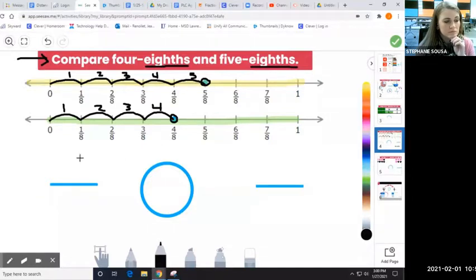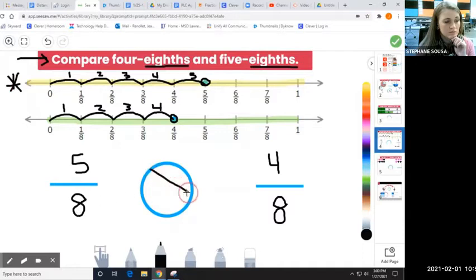So our yellow model shows 5 out of 8 unit fractions. Our green model shows 4 out of 8 unit fractions. So which one has more space? I can see that the yellow model is closer to the 1 whole. So 5/8 is greater than 4/8.